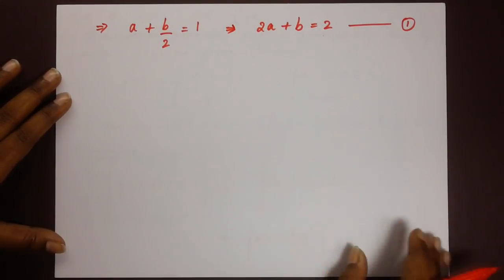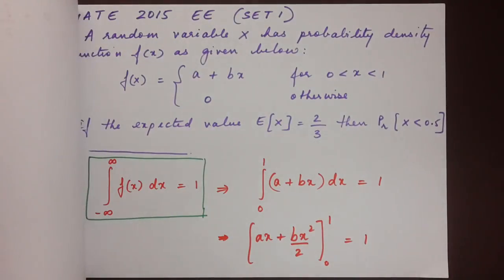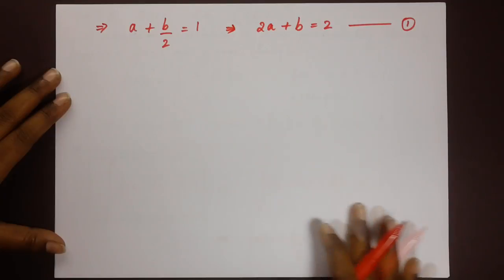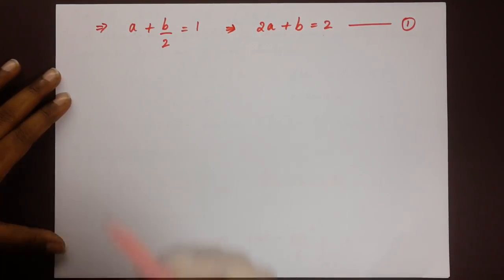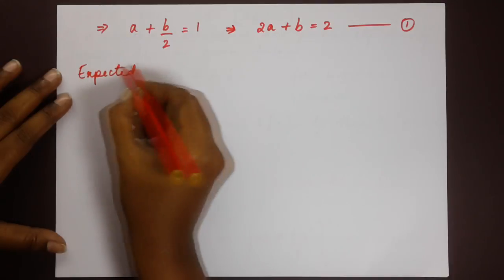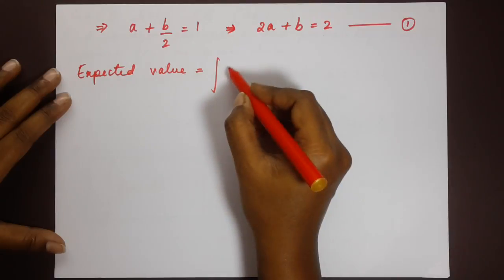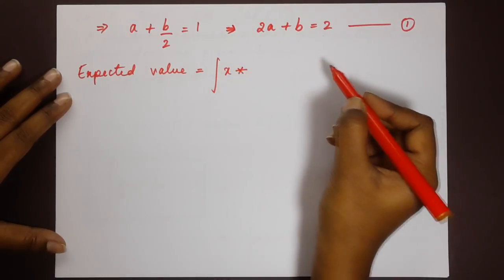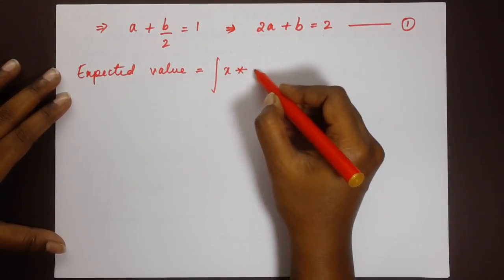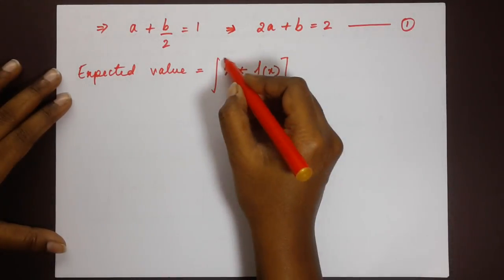Now, the next part of our question talks about the expected value. It's given to us that the expected value E of x equals 2 by 3. Okay, so the expression for expected value is the integral of x times the function given, f of x. x times f of x dx.